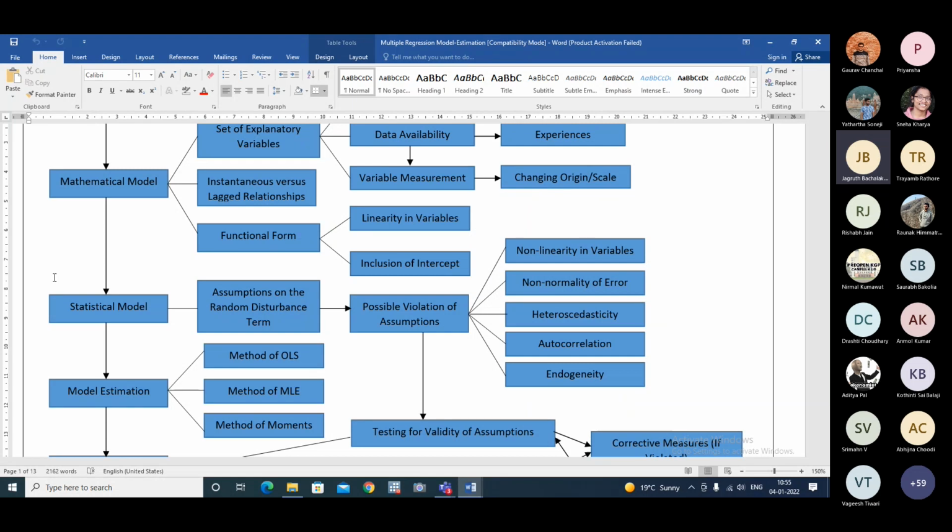Like specification errors: we may not be in a position to define the exact mathematical form or the set of variables to be added in the model. So there may be various errors that we may commit, and it is expected that the random disturbance term would capture these errors.